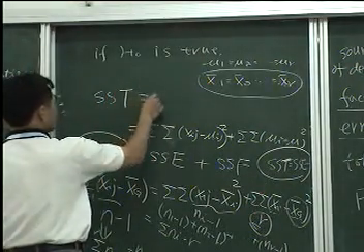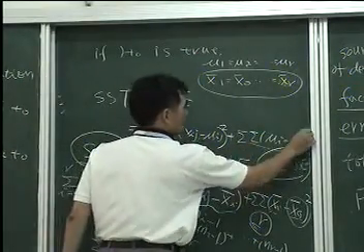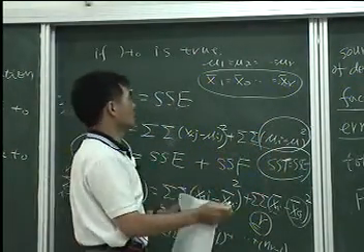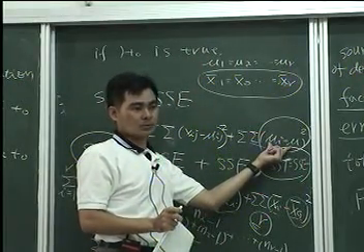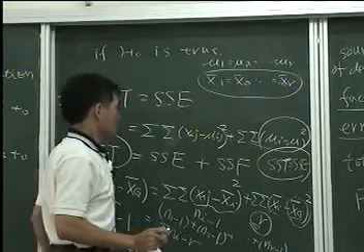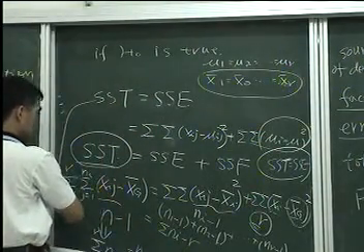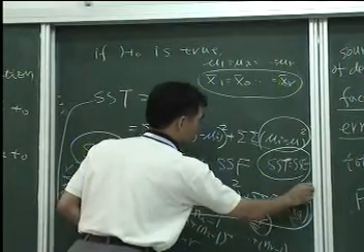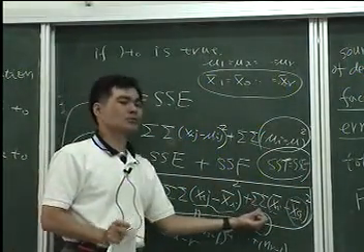SST must be equal to SSE, because if H naught is true, then this one should be equal to 0, okay? But in this case, we are actually looking at the sample here, so it won't necessarily be true.